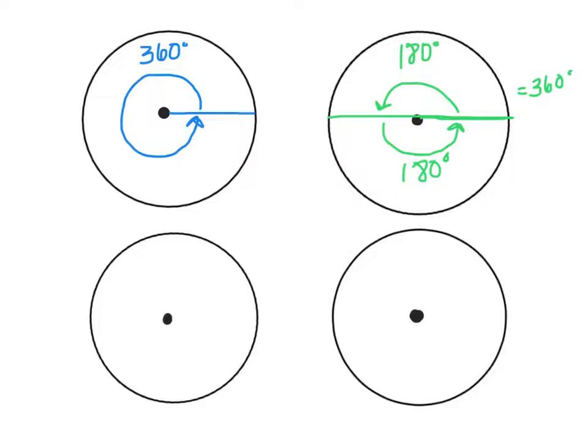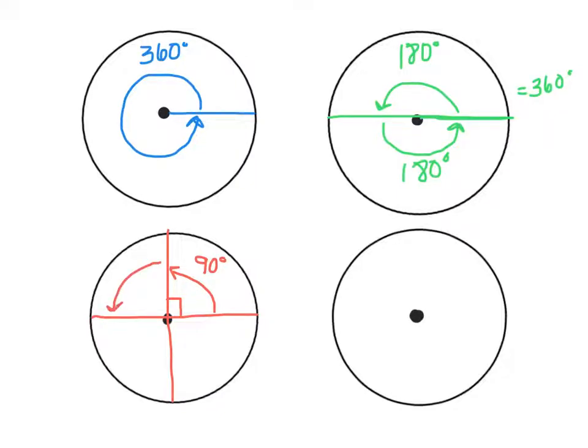Now looking at our third circle. This time, just like our last video, we're going to split it into 4 pieces. So I split it in half and then split it in half again. We know that half of 180 degrees, or a quarter of 360 degrees, is 90 degrees. So I'm going to draw my one rotation, 90 degrees. We can label that with our square corner that tells us we've got a right angle.